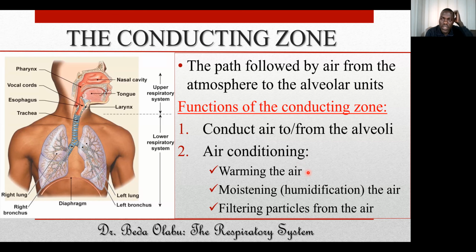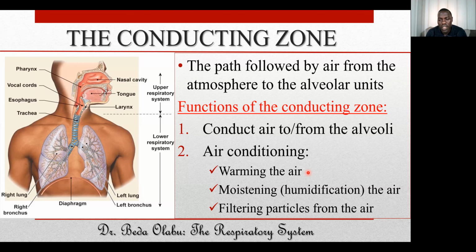Therefore, the conducting zone warms the air. The mechanisms that help the conducting zone to warm the air include the fact that the conducting zone is also vascularized. So the temperature of the blood in the arteries is able to be transferred to the air that we're breathing in.